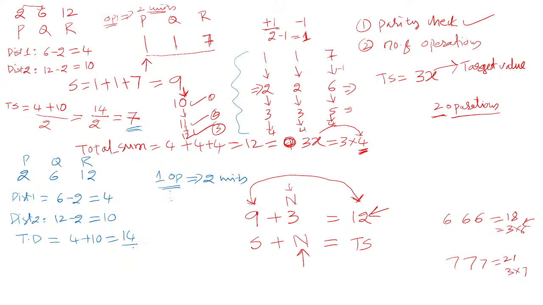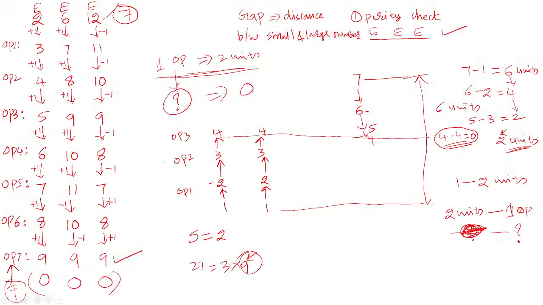That means if you perform 14 by 2, the number of operations required is total distance divided by 2. So it is nothing but 14 by 2. You get a total of 7 operations required to make them equal. Here we got that 7 operations.